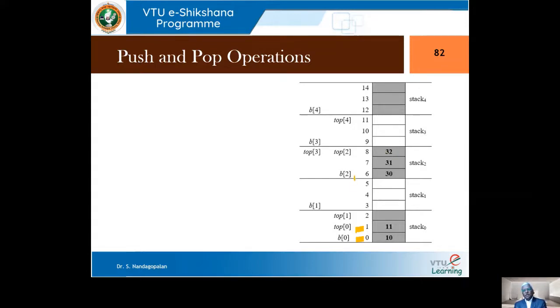So top of 2 is pointing to this 5, now becomes 6, 7, 8. Now it's almost full. You can see here. Exception cases can easily be determined, whether it has reached the full case or not.